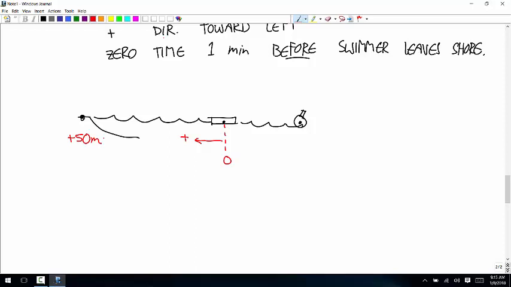And now, since the positive direction's toward the shore and the 0's at the raft, the location of the buoy is in the negative direction from the 0. And the distance from 0 to the buoy is 25 meters. So the location here is going to be negative 25.